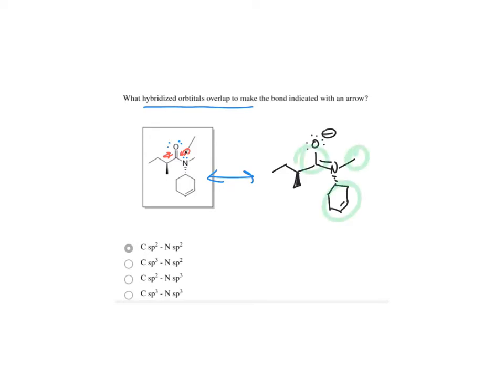So nitrogen is going to be sp2, because you can add 2 plus 1, the superscripts. Okay, you look at carbon here. Carbon has 1, 2, 3. So carbon is sp2. So it's a carbon sp2, nitrogen sp2 overlap.